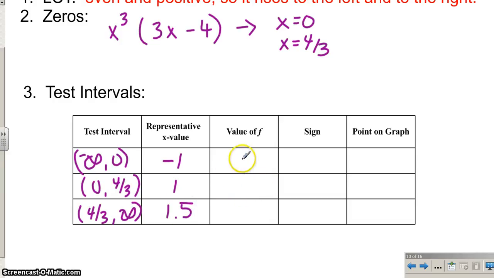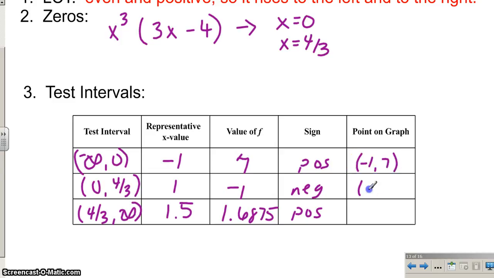So when I plug them in, and you can do your calculations on your own, I'm going to get the following results. Being that the signs are positive, negative, and then positive again, I'm going to take these and put them together as points on the graph. So you have (-1, 7), and (1, -1), and then (1.5, 1.6875).